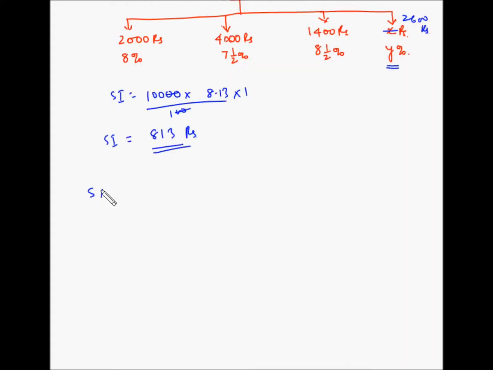So simple interest 1 plus simple interest 2 plus simple interest 3 plus simple interest 4 is equal to 813.